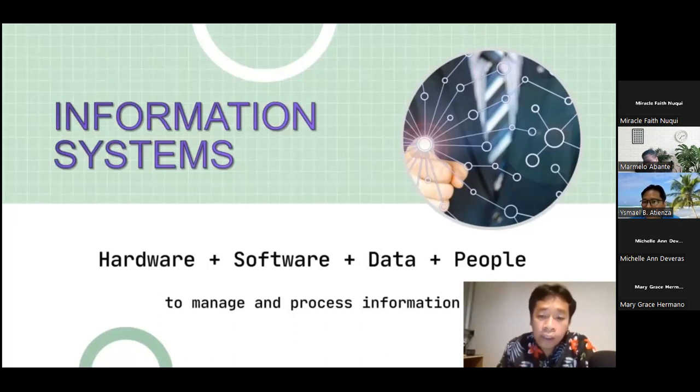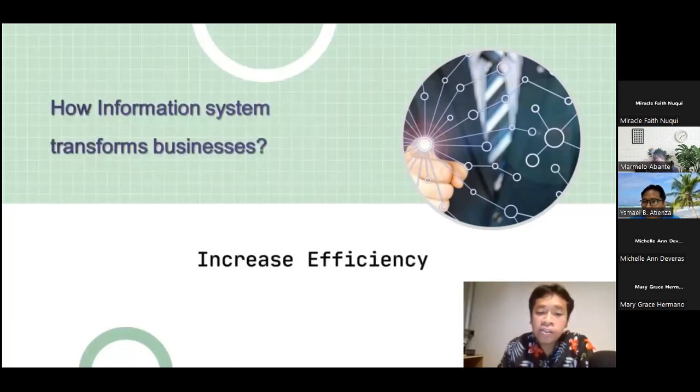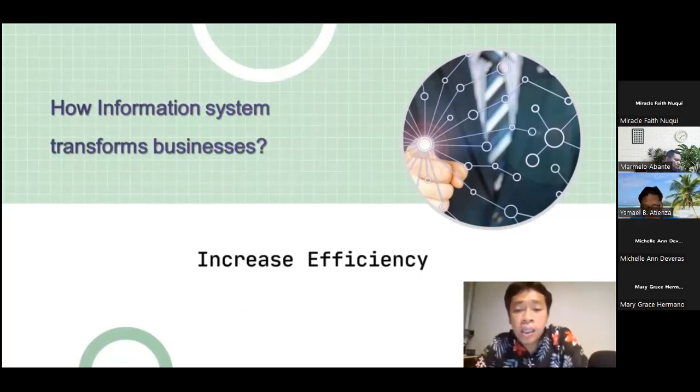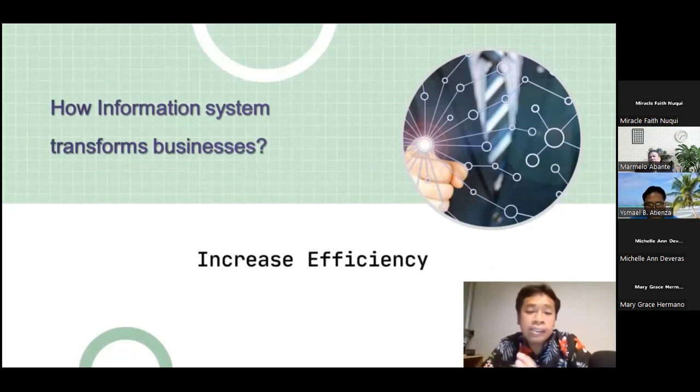One way in which information systems are transforming businesses is through increased efficiency. By using information systems, companies can automate many tasks that would previously have been done manually. This can save time and money and also reduce the risk of errors.